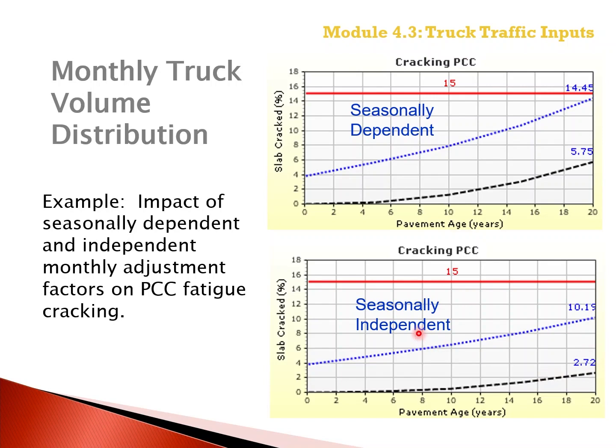The mean value for seasonally independent would be 2.72% cracked slabs, while 5.7% cracked slabs was predicted for seasonally dependent monthly distribution factors. So it does make a difference, but the difference is not as important as some of the other material-related inputs that we'll cover later in Module 4.